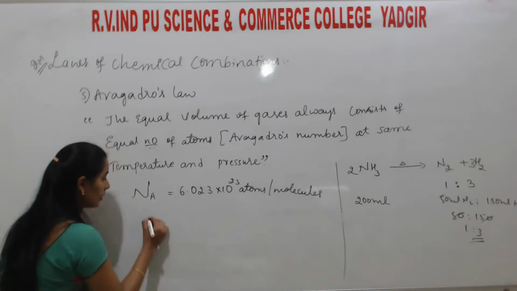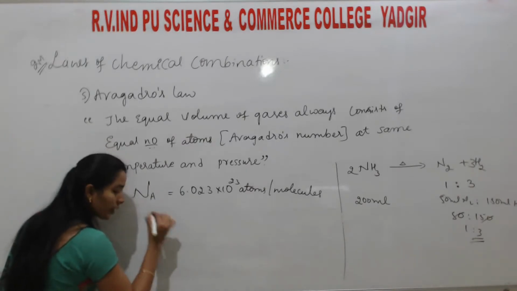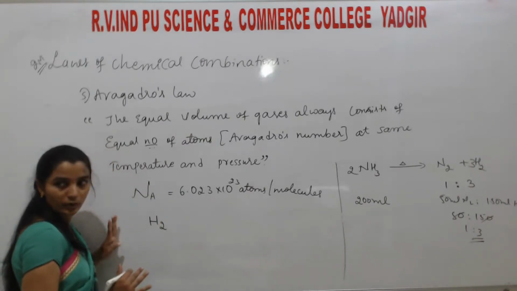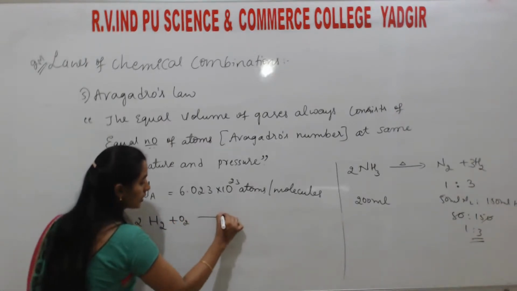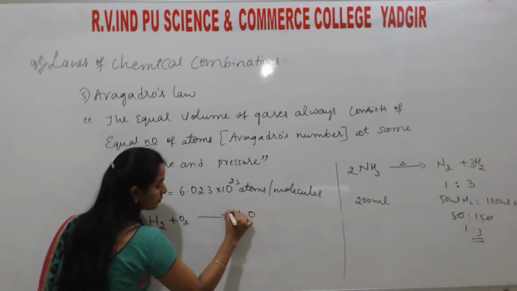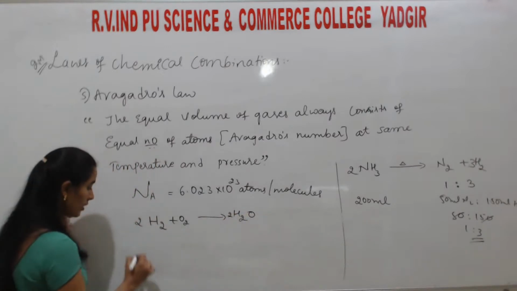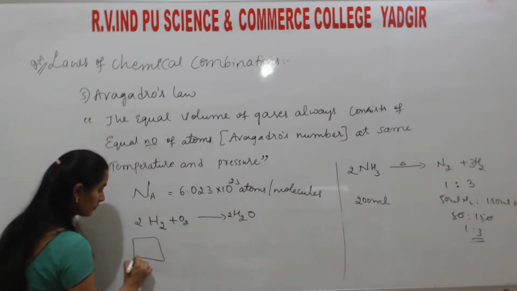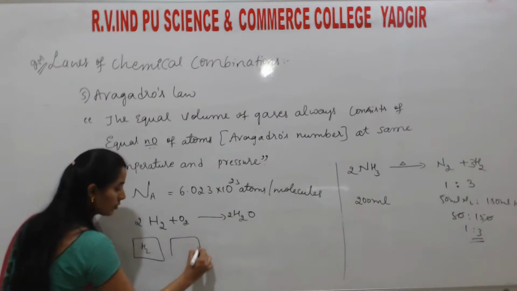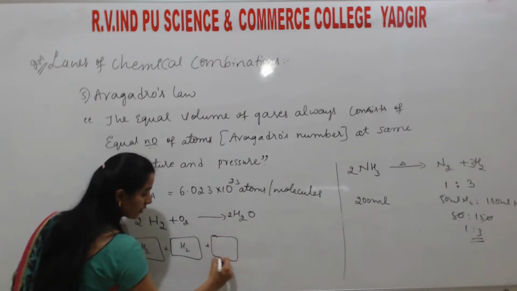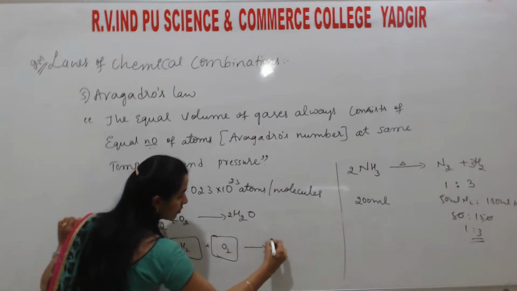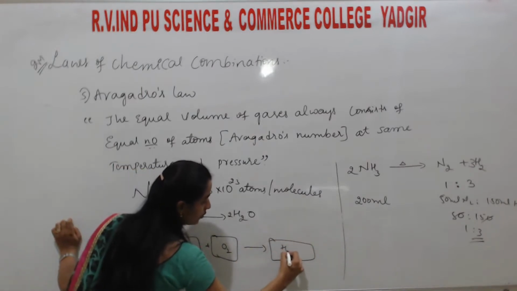I take an example, listen. H2 is there, 1 mole. So 2 moles of H2 combines with O2 to give rise to H2O. Assume here H2 is there, here oxygen is there, gives rise to H2O.